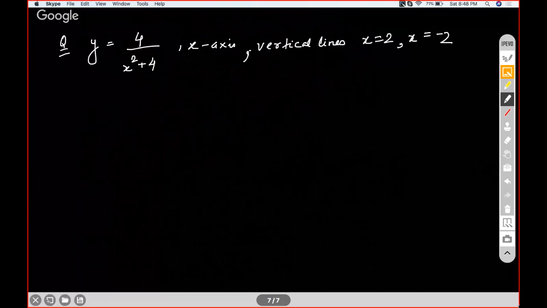It is for sure that this graph is symmetrical about the y-axis, right? How is it sure that it's symmetrical about the y-axis? Because f of minus x is equal to f of x. Of course, because the power of x present in the question is even. So it will be symmetrical about the y-axis.